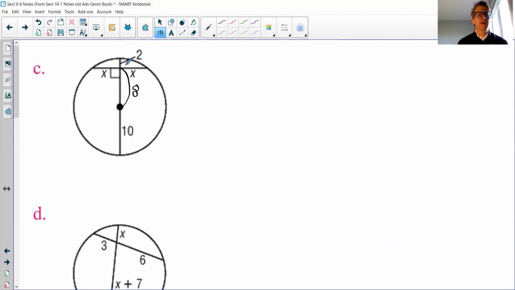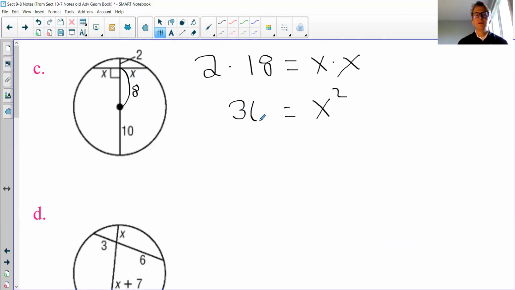So we're going to take 2 and multiply by 18, and that will equal x times x. So x times x is x squared, and 2 times 18 is 36. Now we're going to undo the squaring of this x by taking the square root of it. x is 6.